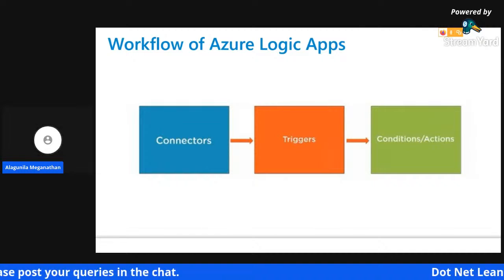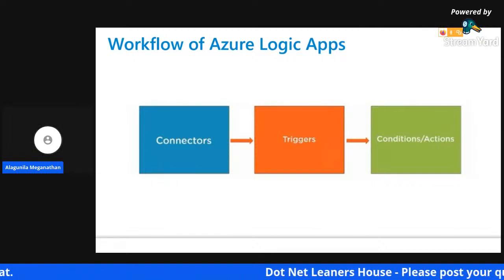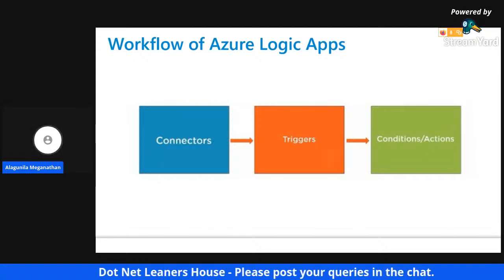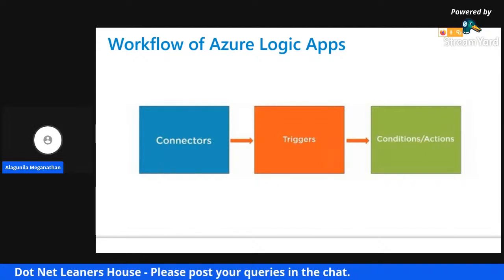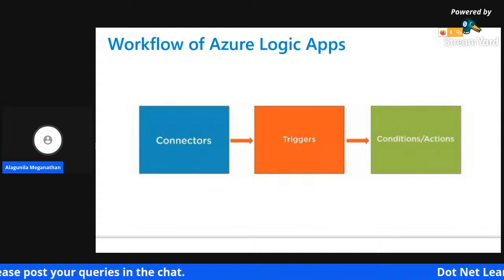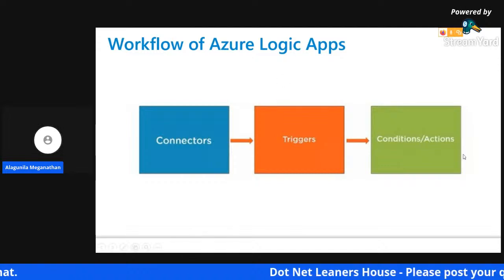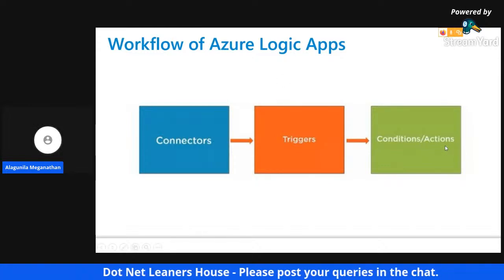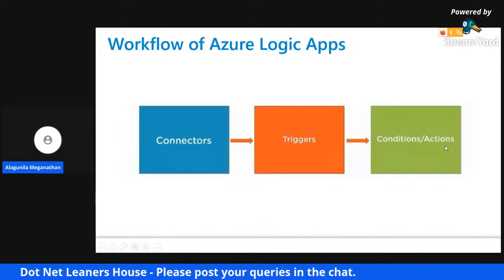Triggers are the events that start a flow. So whenever you receive an email with an attachment, the Logic App will run. That is a trigger. Next are the conditions and actions. Actions are the tasks accomplished by the Logic App.